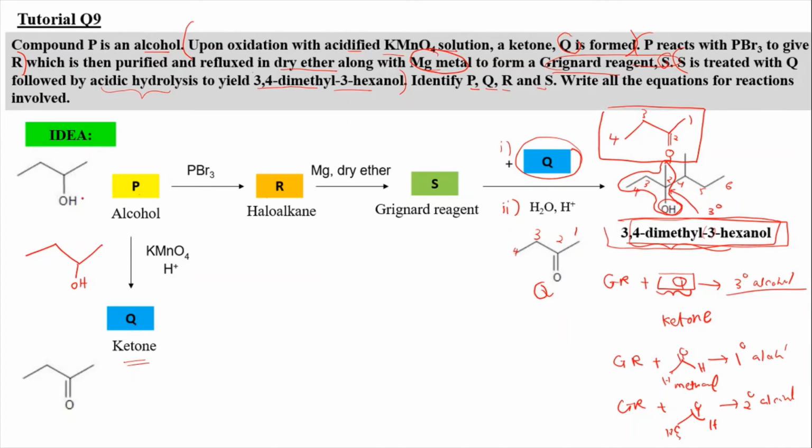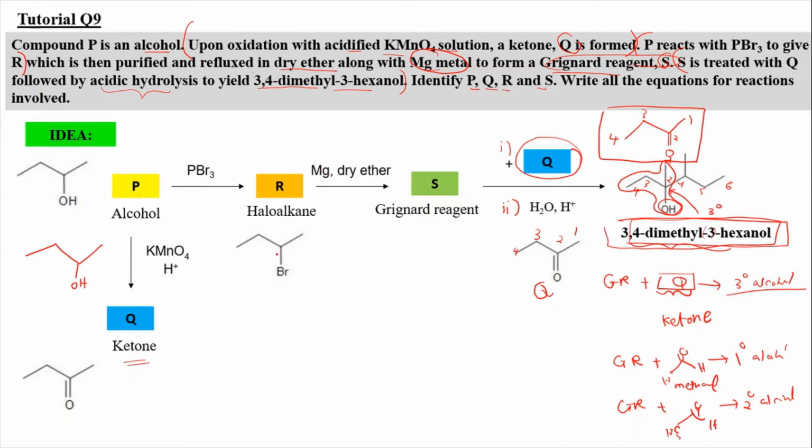So from an alcohol, when it reacts with PBr3, the OH is going to be substituted with Br. So I'm going to get a structure like this. So this is going to be known as 2-bromobutane. Okay. And now, my haloalkane here is going to react with magnesium in dry ether in order to produce the Grignard reagent.